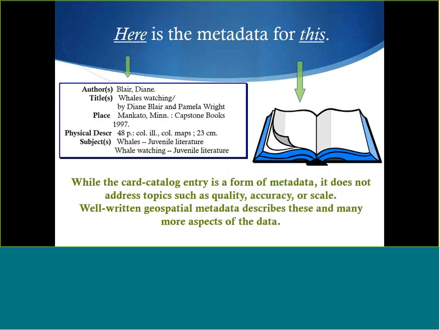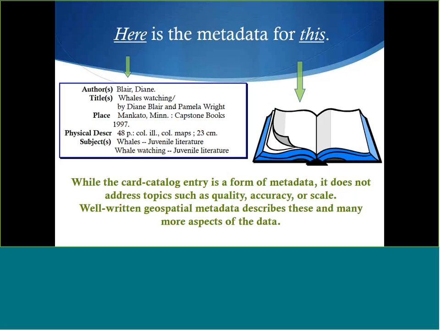Here's another example, also for people who are old enough to remember. Before computers came along, if you went to a library and you were looking for a book, you would have to look through something called a card catalog. Basically, a card catalog is sort of like the metadata for the entire library. Each card is a metadata record for a particular book.